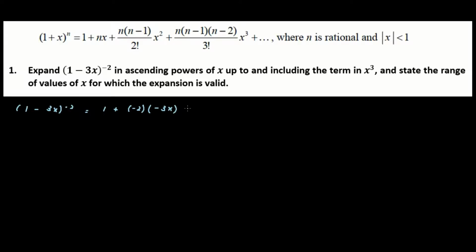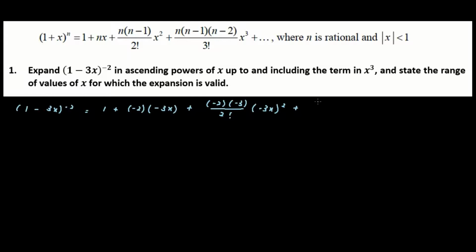Then after that, plus the next term. Your n is negative 2, so it will be negative 2, then negative 2 minus 1, so your next number is negative 3. Then divide by 2 factorial. Then after that, x squared, which means (negative 3x) squared.